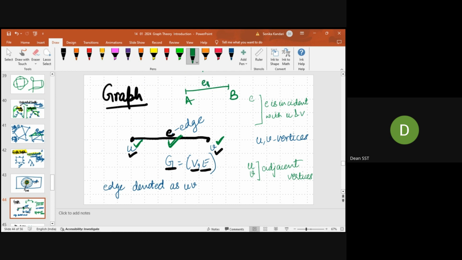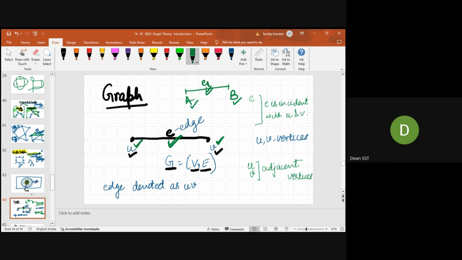So we can say that E1 is incident on, or incident with, A and B, where A and B are vertices. Clear?